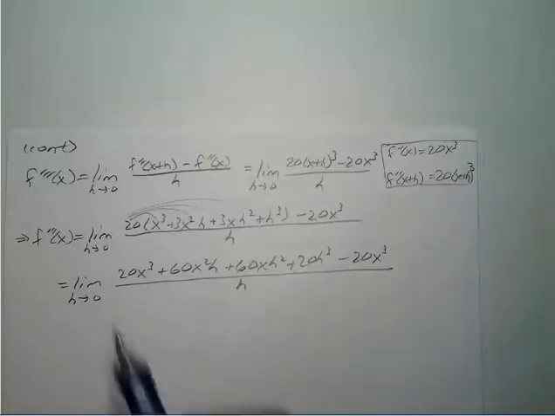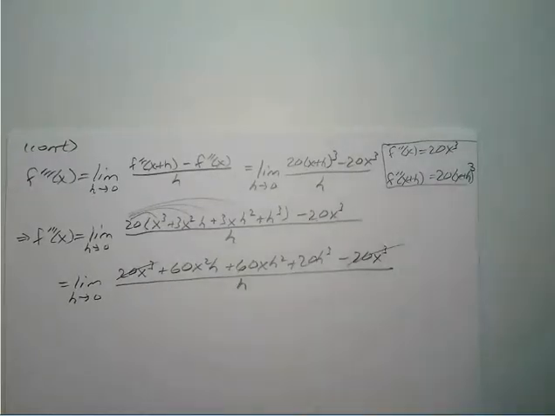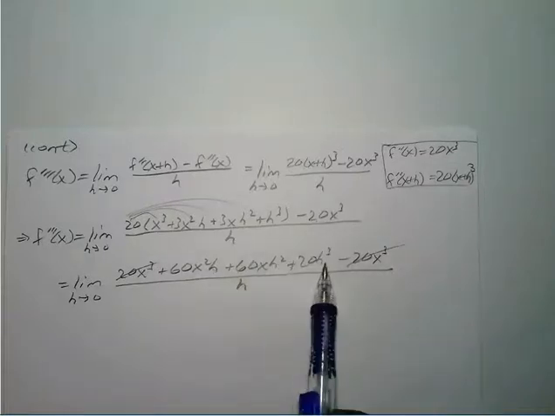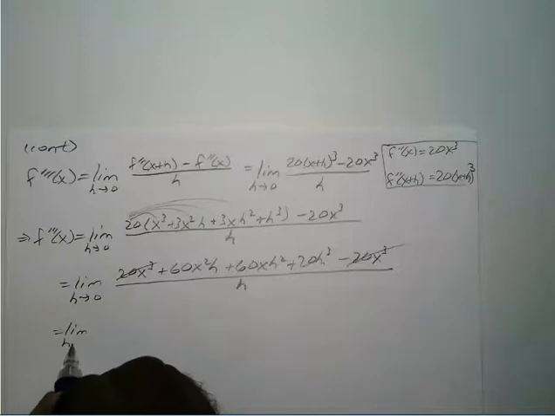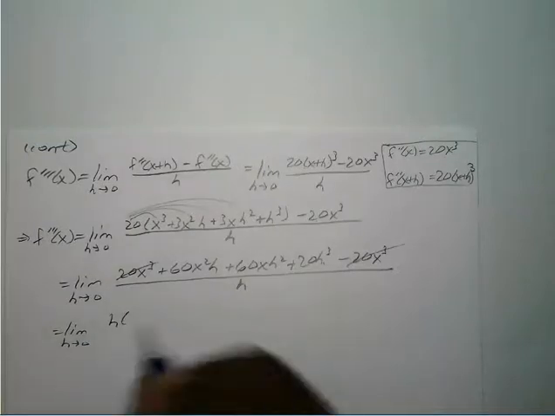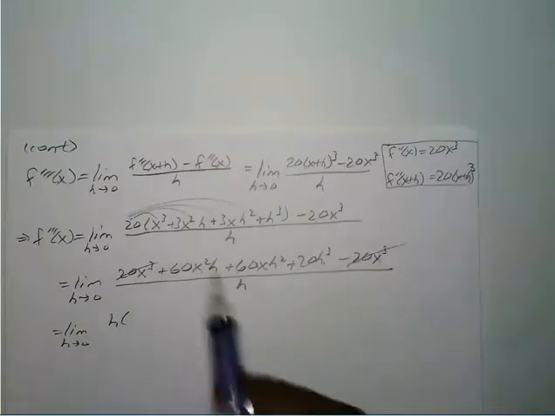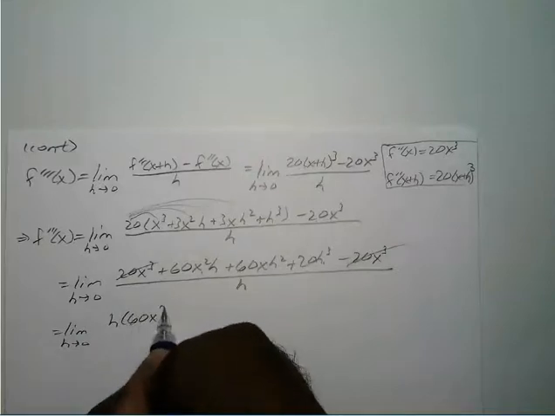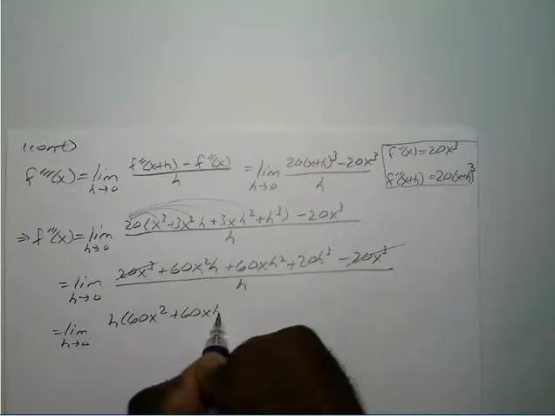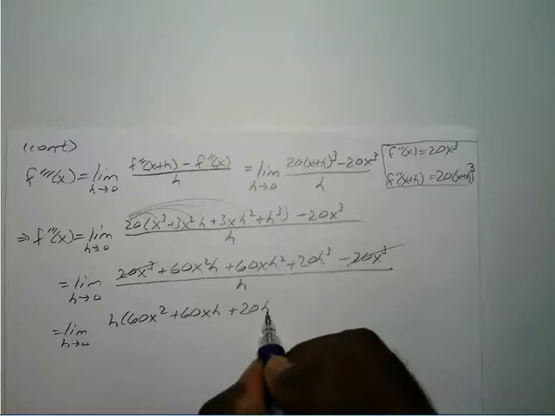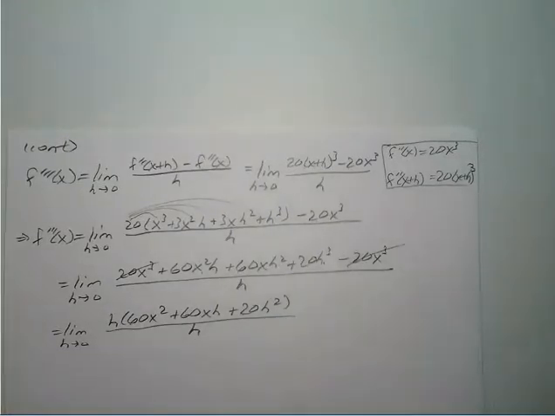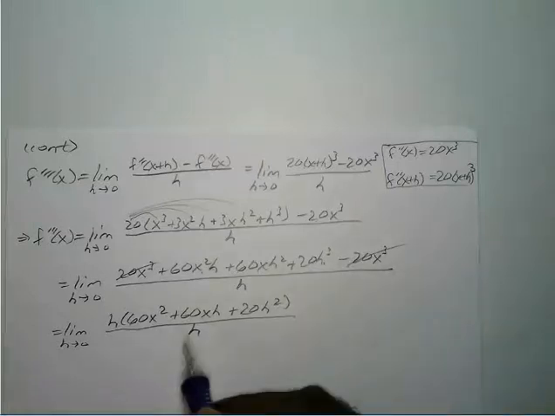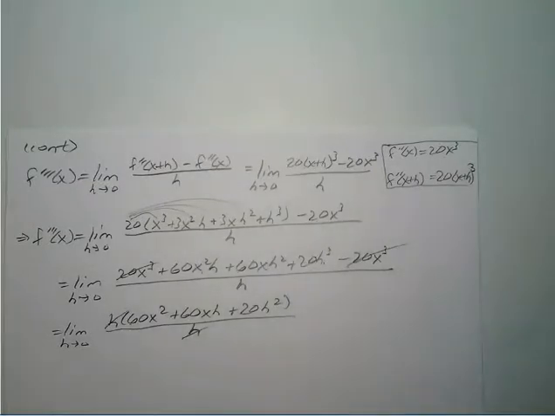Okay, and just like before, these two cancel each other out. So we're going to go ahead and factor an h out of each one of those terms up top. So if we factor out that h, leaves us with 60x squared plus 60xh plus 20h squared all over h, where those two will cancel each other out.